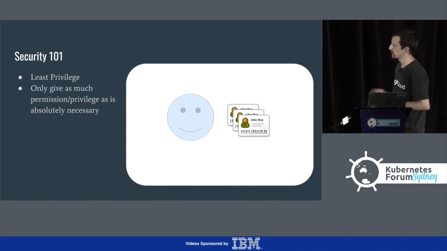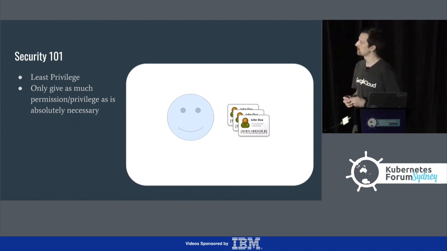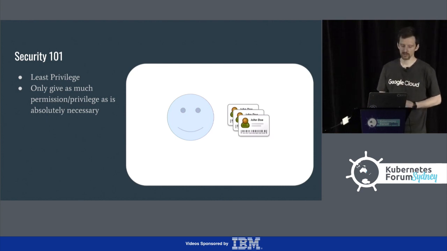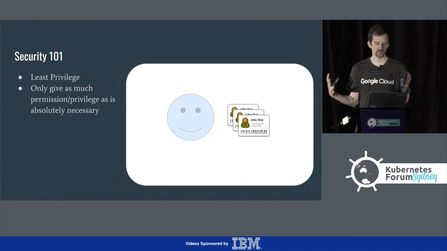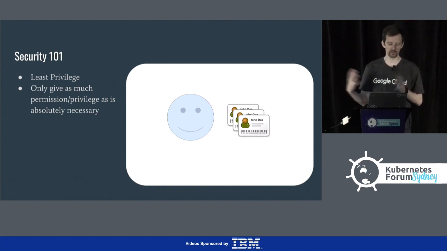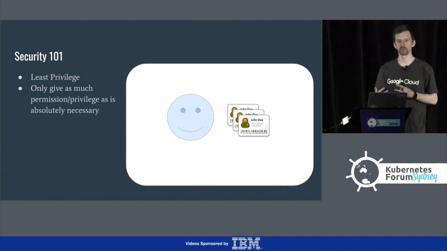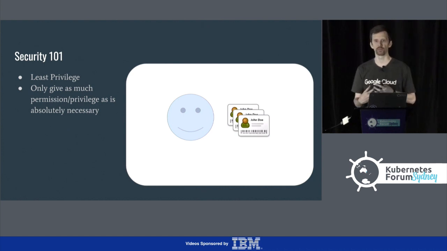And then finally, as part of Security 101, just to get it in your mind, is the idea of least privilege. This means giving applications, or some part of your system, as little privilege as possible, only the privileges that are necessary for that application to run.